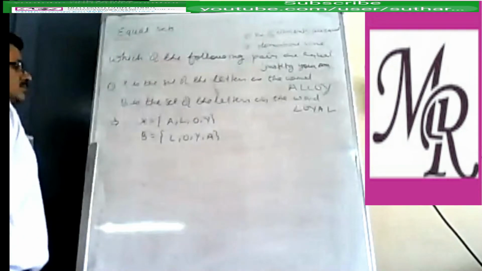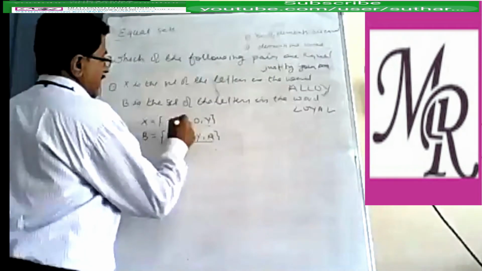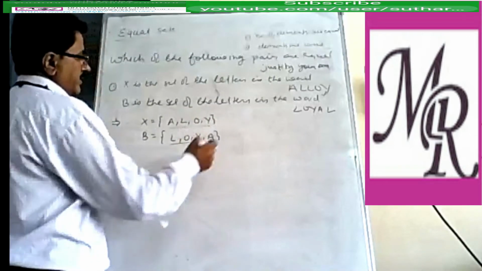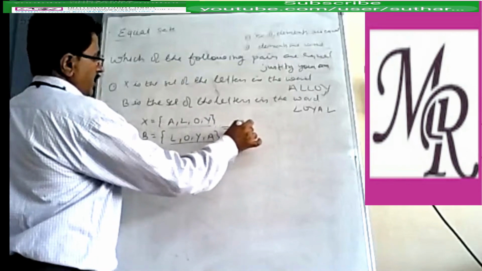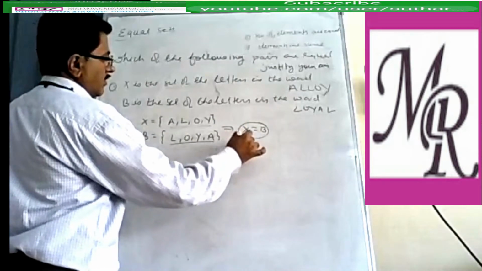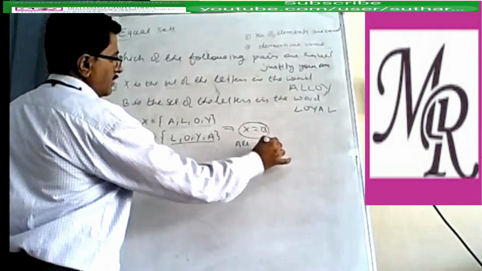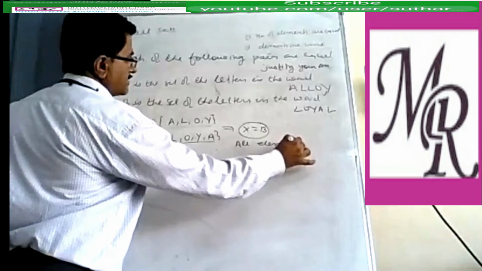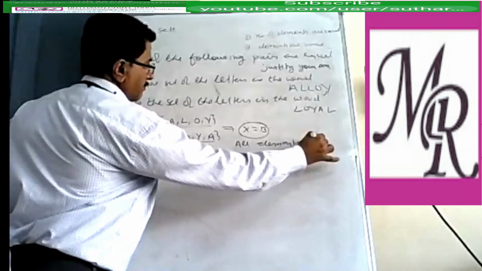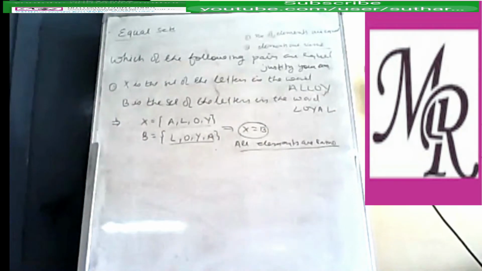Both have the same number of elements, and all elements are the same. This is the justification: X equals B.